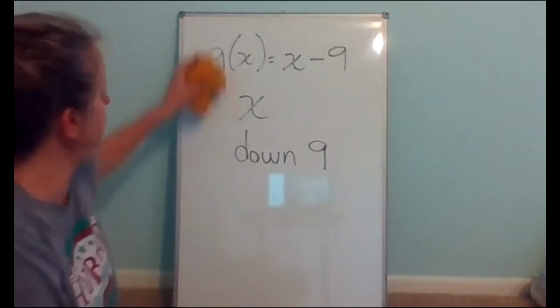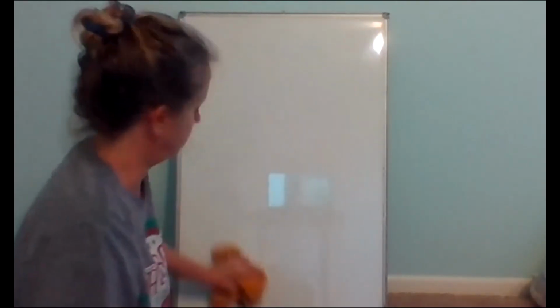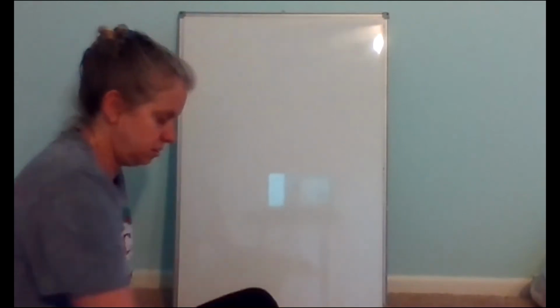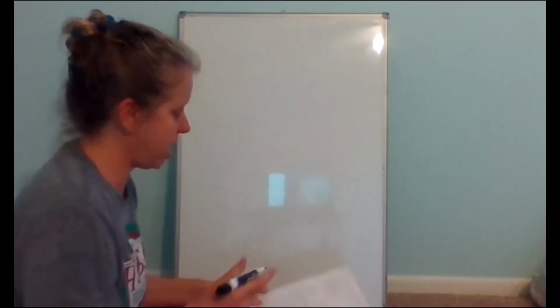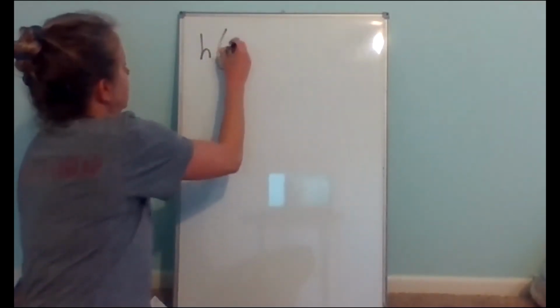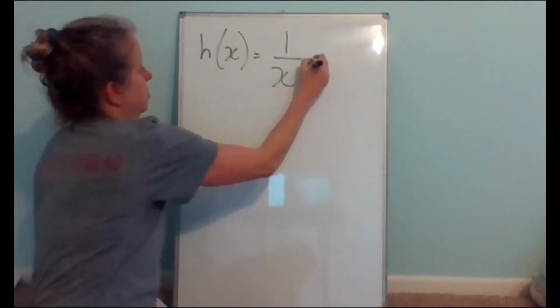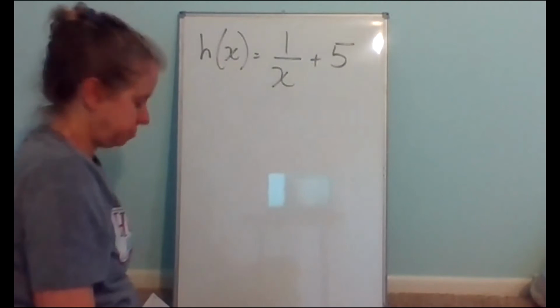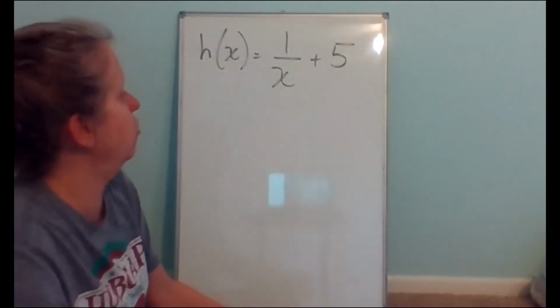All right, number 3. Says, describe how the graph of h of x equals 1 over x plus 5 can be obtained from the graph of 1 over x.